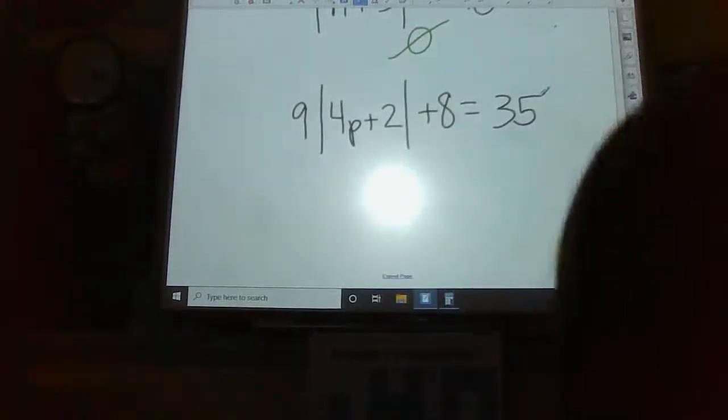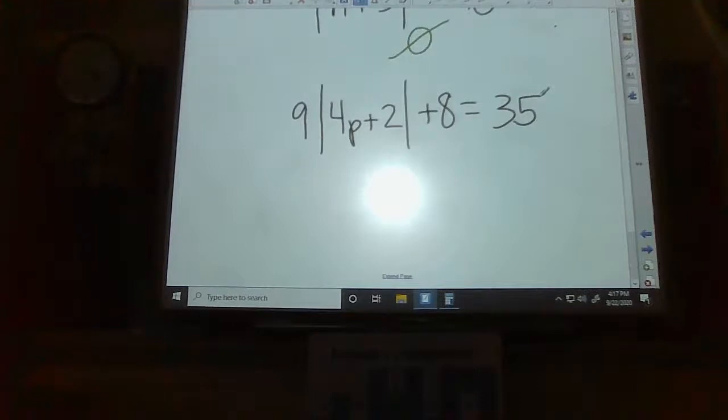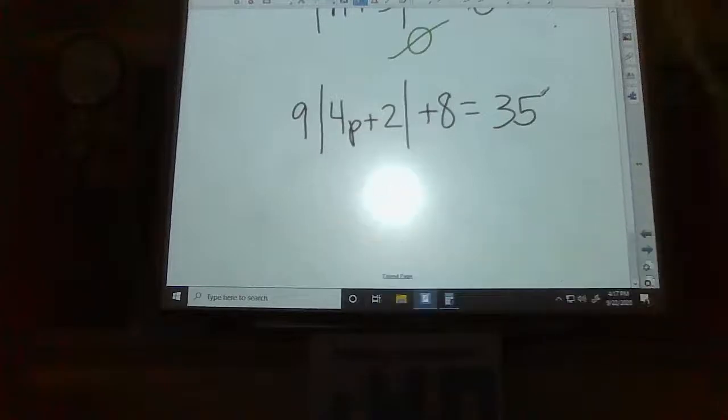Yeah, look at this nonsense, right? We got this whole thing up there. Remember what I said at the very beginning of the question? You need to check to see if the absolute values are isolated. Is this absolute value bar the only thing on the left-hand side of the equation? No way. It's not even close.